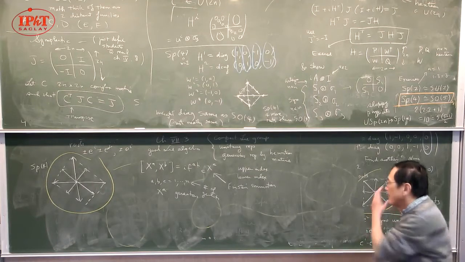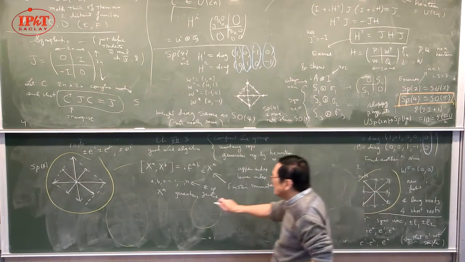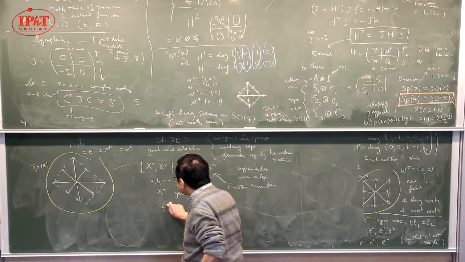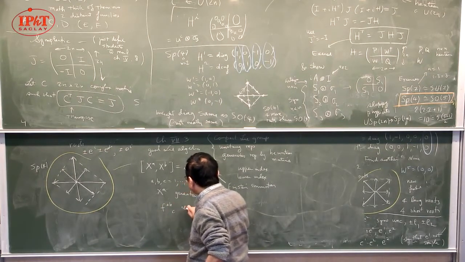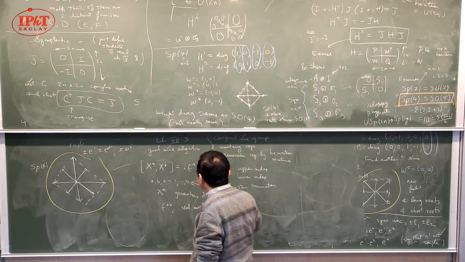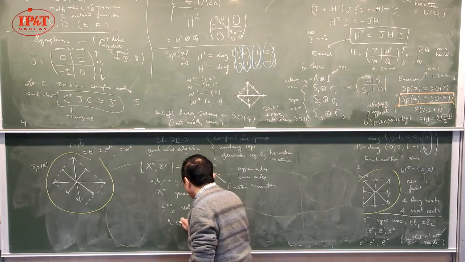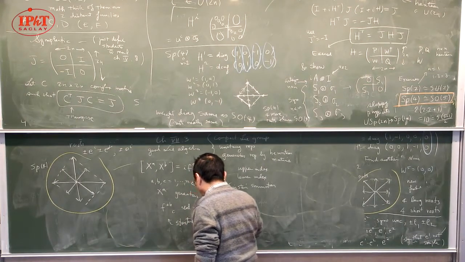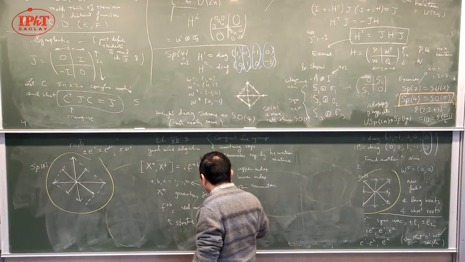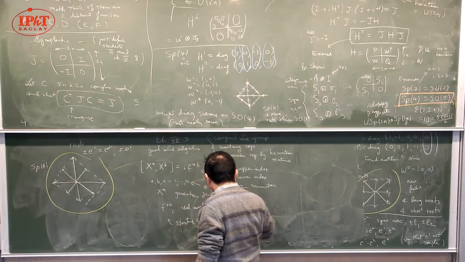So since X is Hermitian, this implies that f_ABC are real numbers. So just a bunch of numbers. These are called structure constants of the Lie algebra. So they specify the Lie algebra.